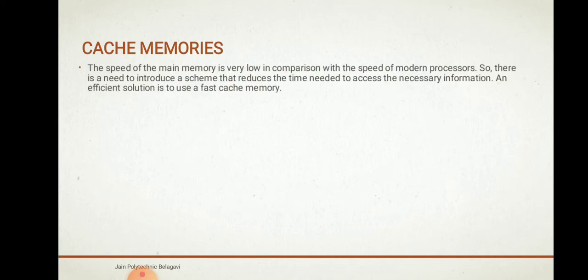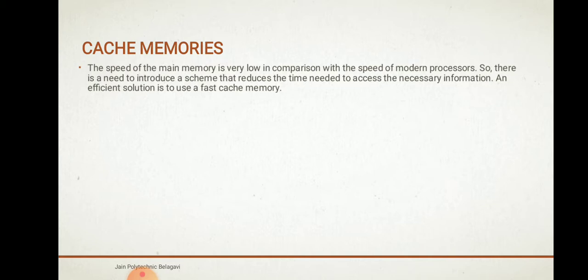Now the speed of the main memory is very low in comparison with the speed of the modern processors. As you know, the main memory is slow when compared to the modern processors we are using. So there is a need to introduce a scheme that reduces the time needed to access the necessary information. As you know, the communication always takes place between the memory and the processor.